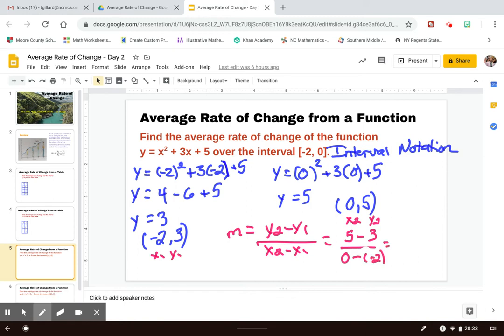So 5 minus 3 is 2. 0 minus a negative 2 becomes 0 plus 2 because 2 negatives make a positive. So 2 divided by 2 equals 1. So my average rate of change for this function over the interval negative 2, 0, that means from negative 2 to 0 on my x-axis, is 1.